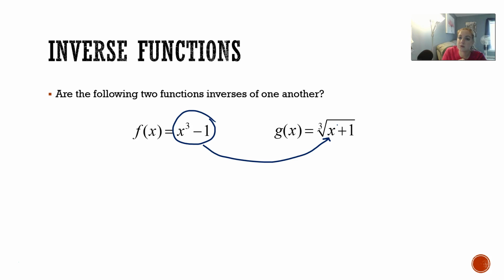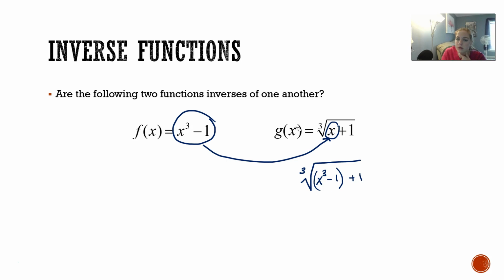So I'm just going to replace x with my function f. So this would become cubed root, of x cubed minus 1, that was my f of x, plus 1. I'm just copying what's underneath.